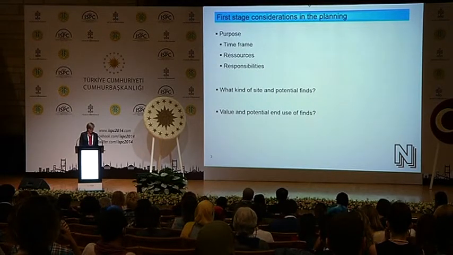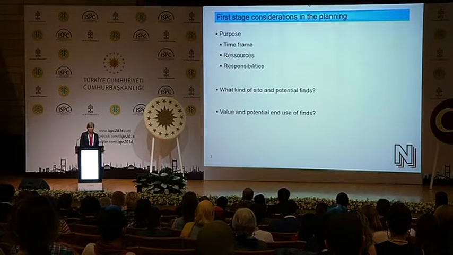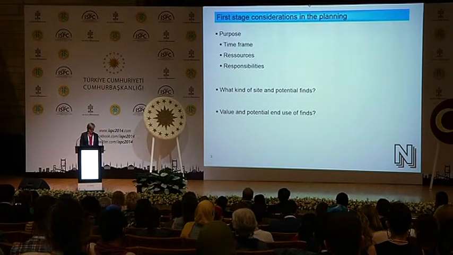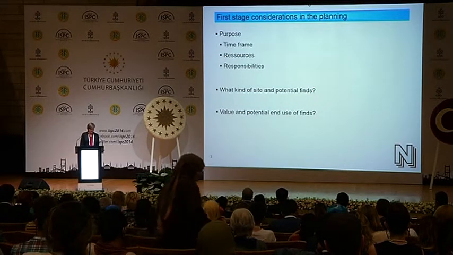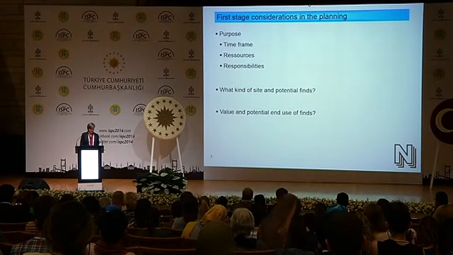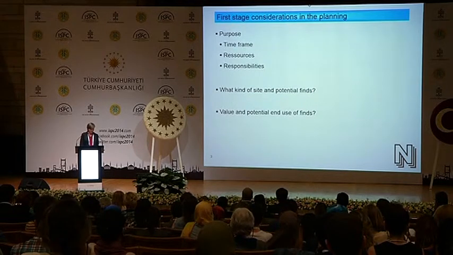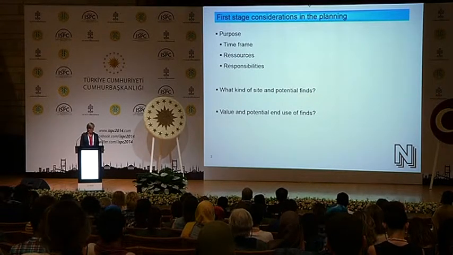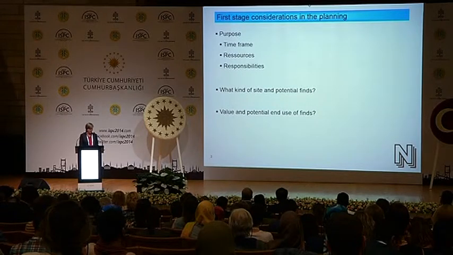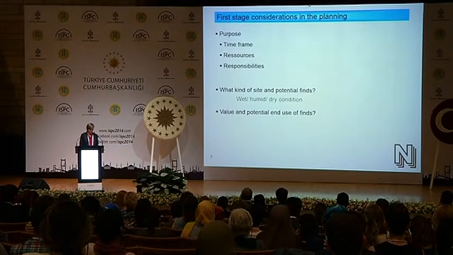And also, what kind of finds can we expect from this archaeological excavation? The preservation condition in the area can indicate the potential types of materials that can be found on the site. For example, objects of inorganic materials, such as metals, glass, ceramics, stone, can be present on both wet and dry sites, whereas the organic materials are rarely found in dry conditions.